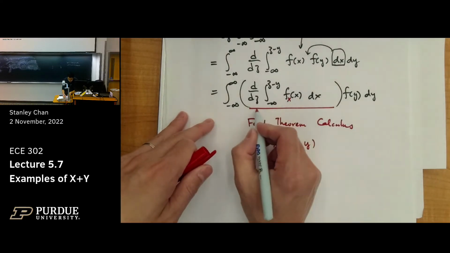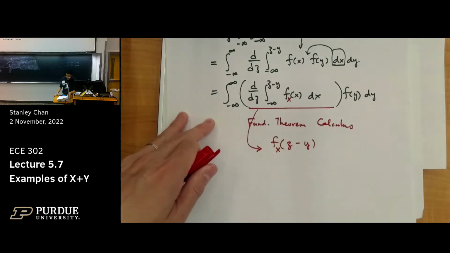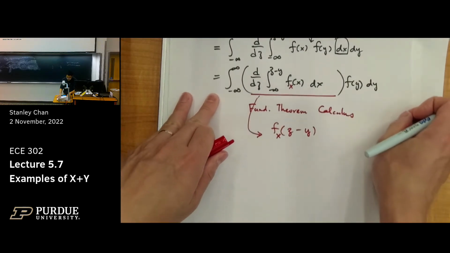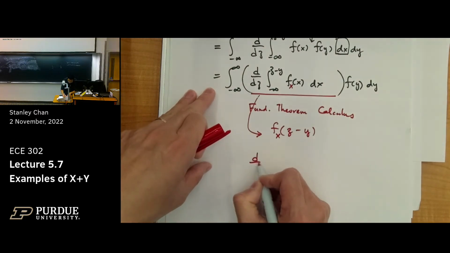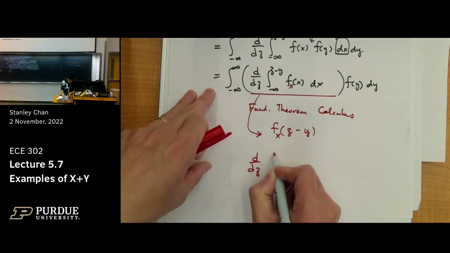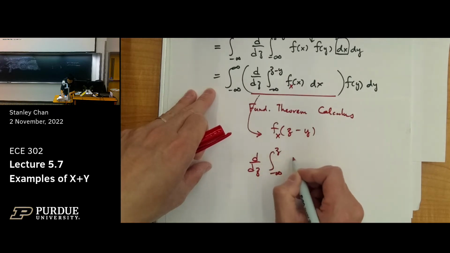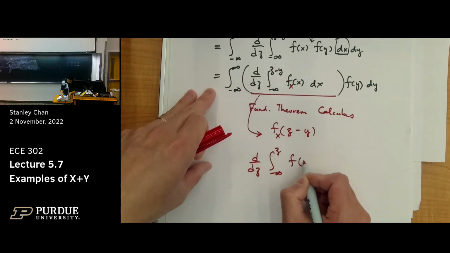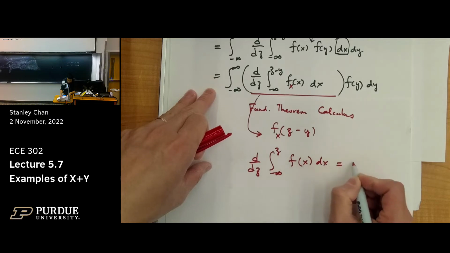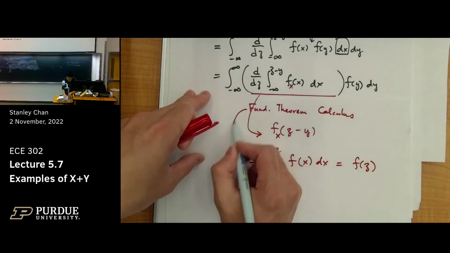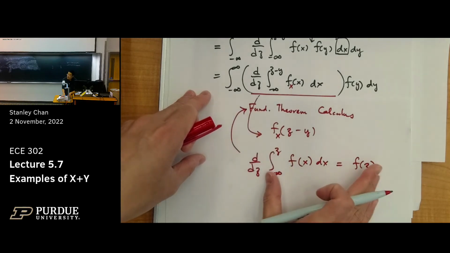Okay, this thing here will be this. Why? Because the fundamental theorem of calculus says that d/dz of any integral to any z, and then you have whatever x here, dx, is going to be f(z). So that's the theorem. The theorem says this.